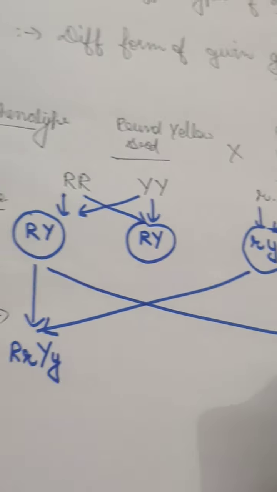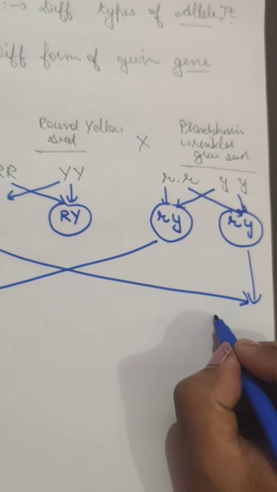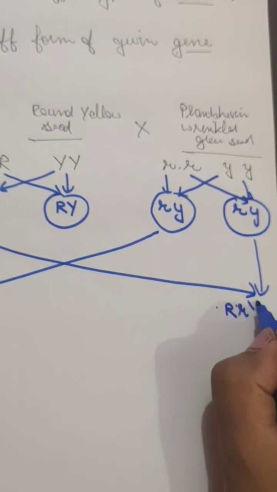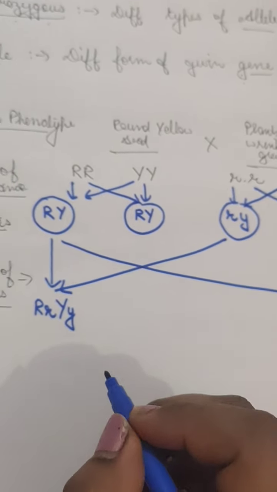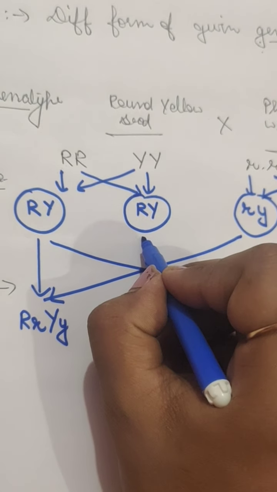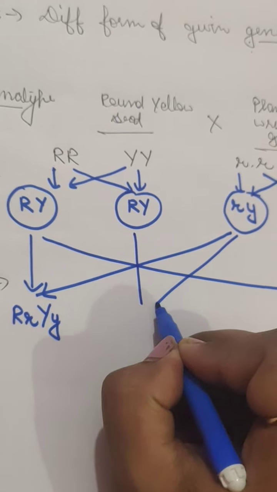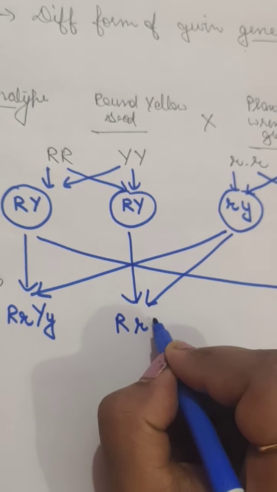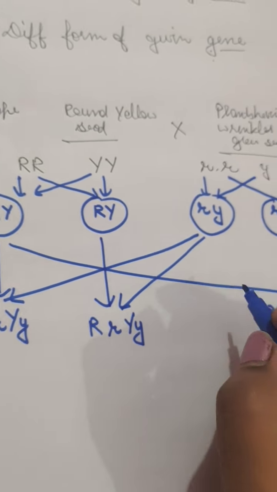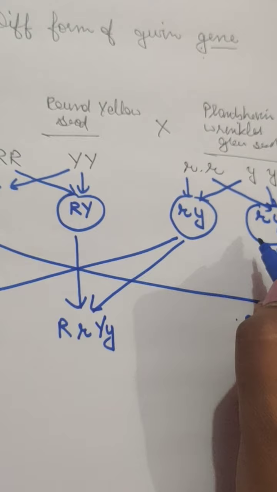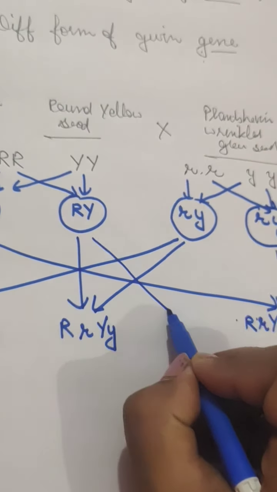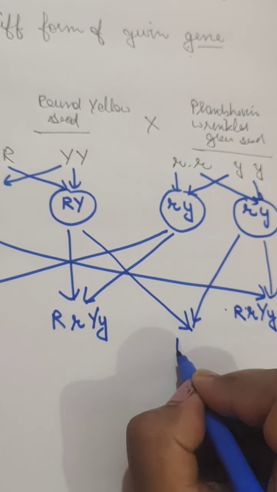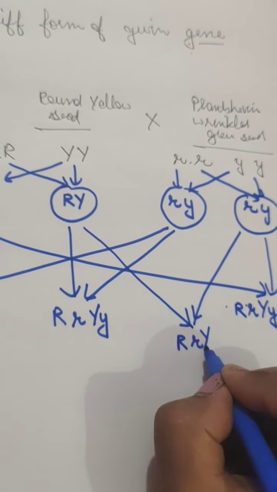So we will get again, this was a capital R, so capital R and small r, capital Y and small y. Okay, now this with this, so capital R and small r, capital Y and small y. And now this with this, capital R, small r, capital Y and small y.